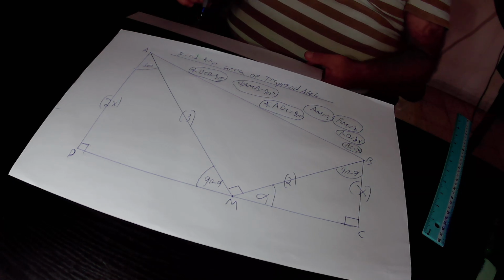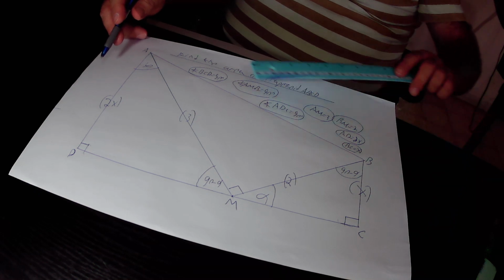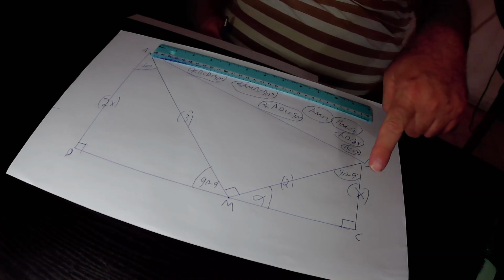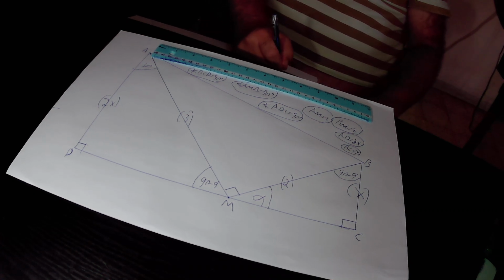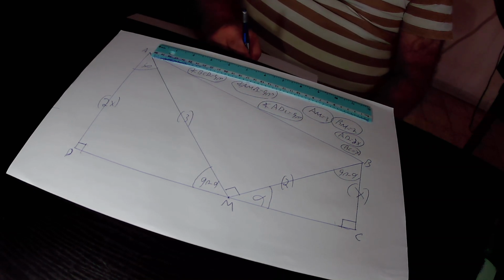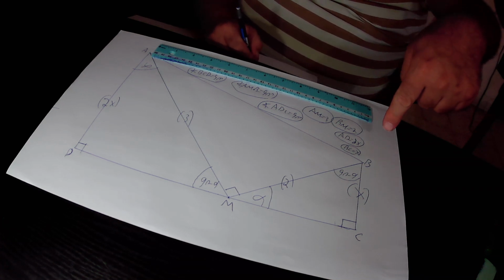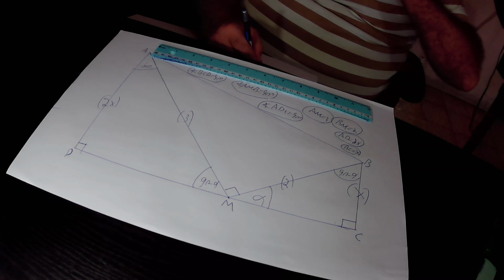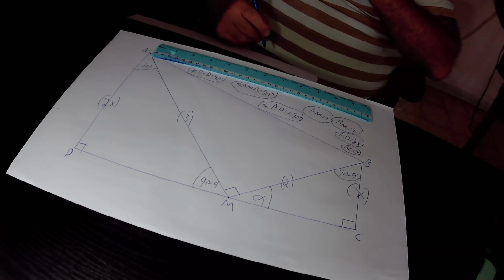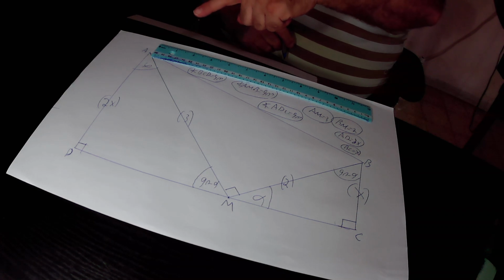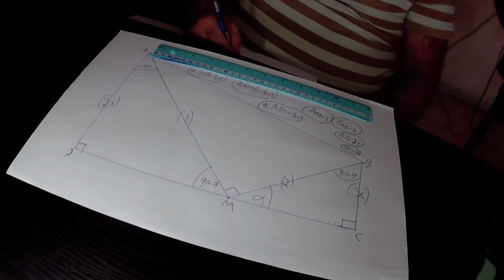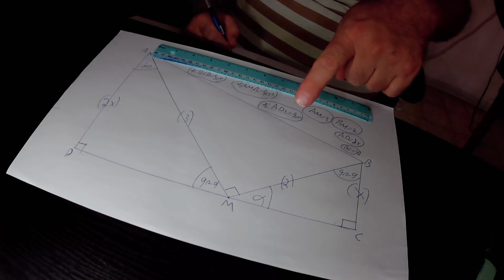Side AD of the big right triangle ADM over side MC of the small right triangle BMC equals side DM of the big right triangle ADM over side BC of the small right triangle BMC, and also equals side AM of the big right triangle ADM over side BM of the small right triangle BMC.